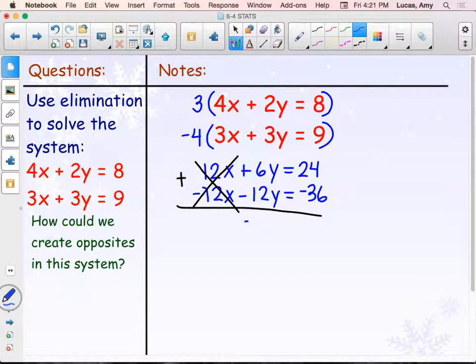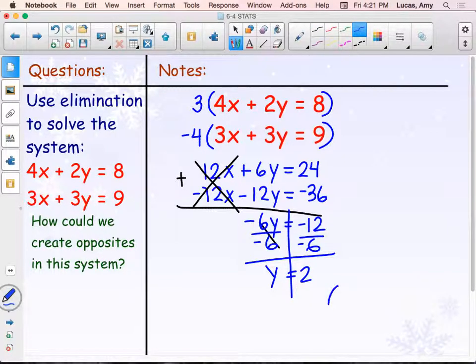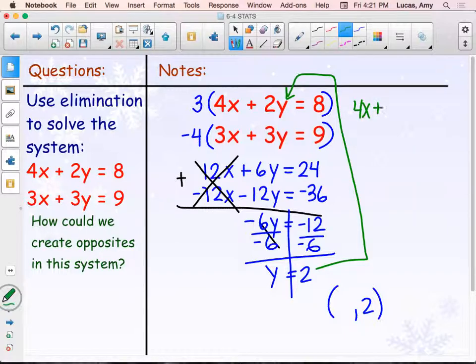6 plus negative 12 is negative 6. 24 plus negative 36 is negative 12. So I can divide by negative 6 on both sides, and y equals 2. Go back to either one of these originals. 4x plus 2 times 2 equals 8.